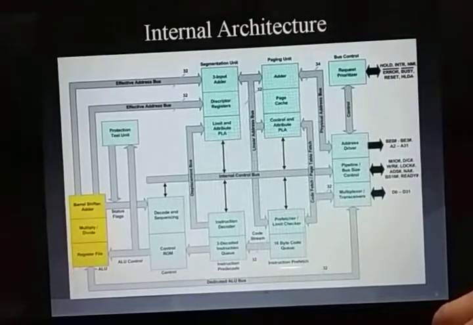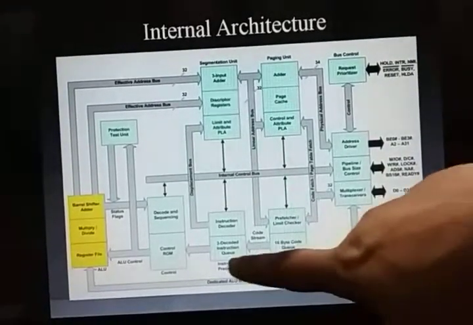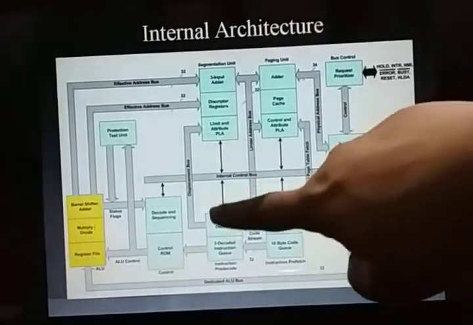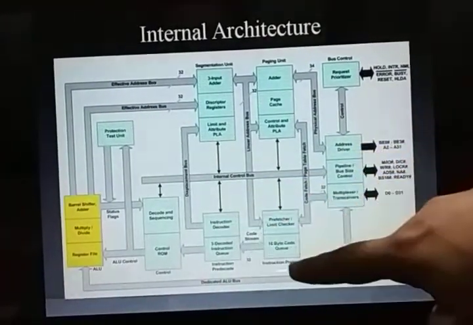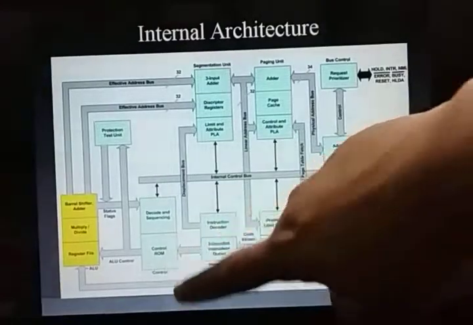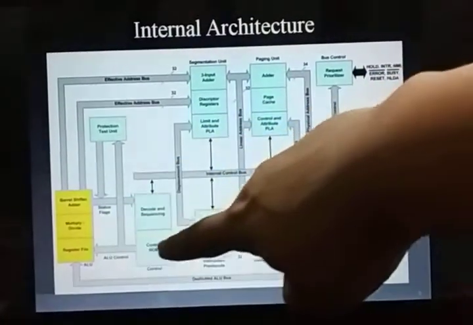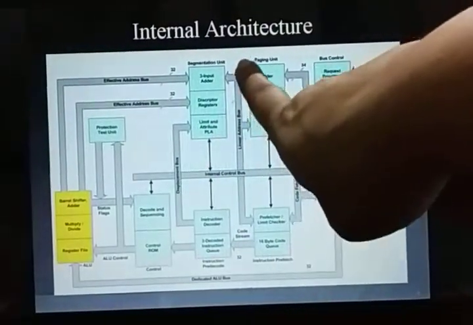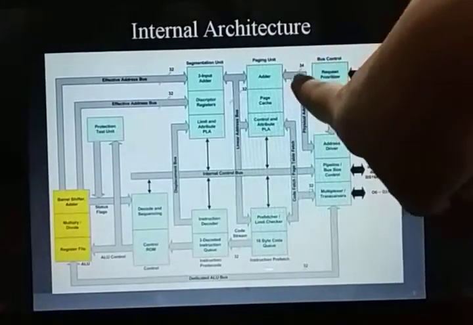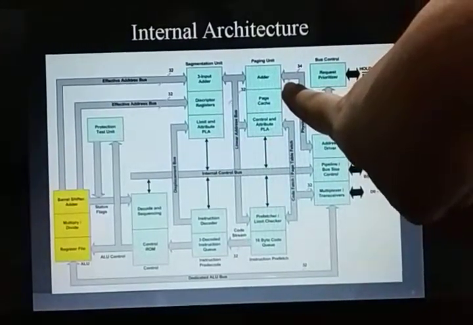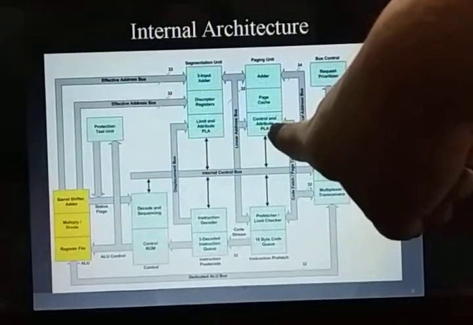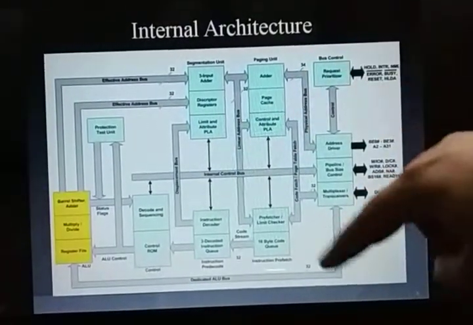In this diagram you can see this part. Basically this part contains the information about the instruction unit. This part contains the information about the execution unit. And this part contains the information about the memory management unit, which is divided into two parts: the segmentation part and the paging part. And this is your bus interface part.